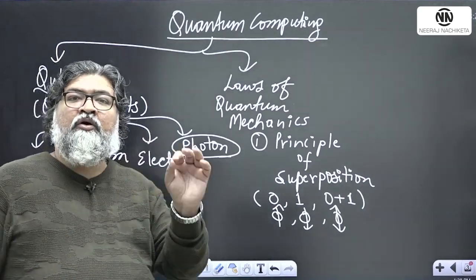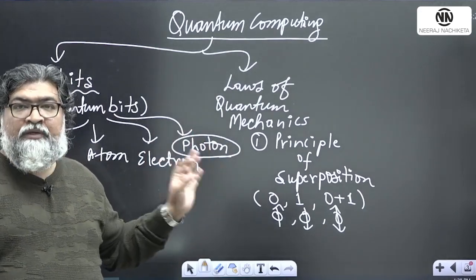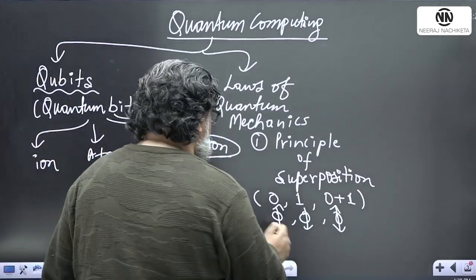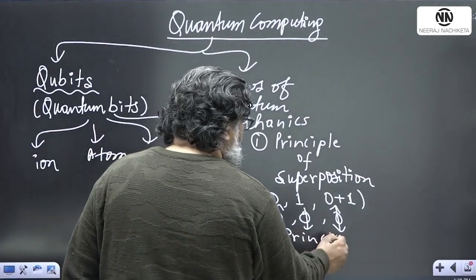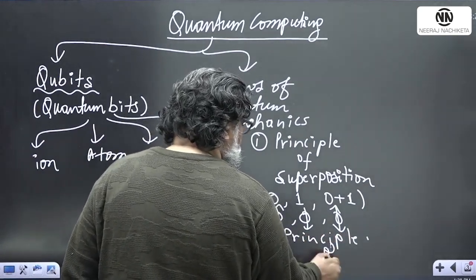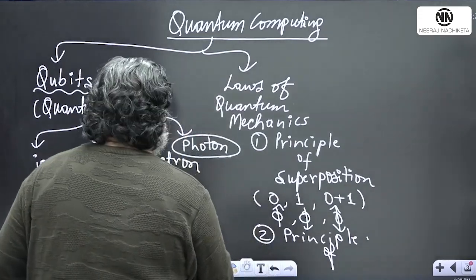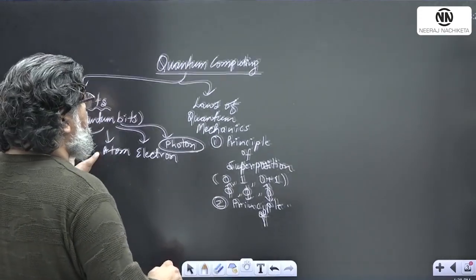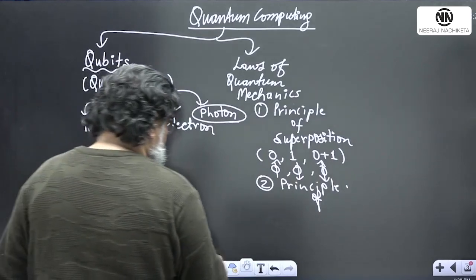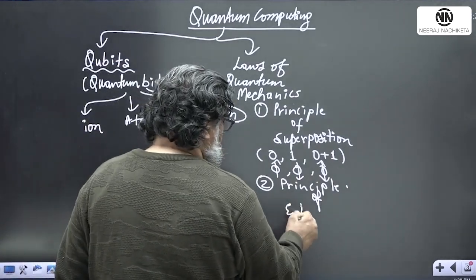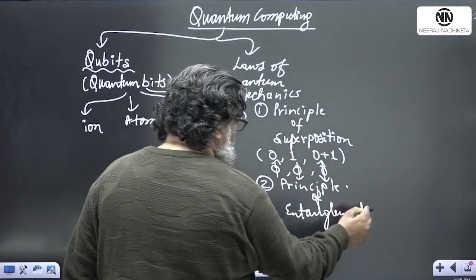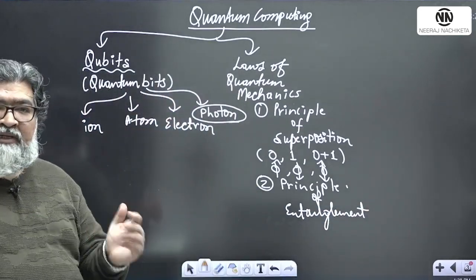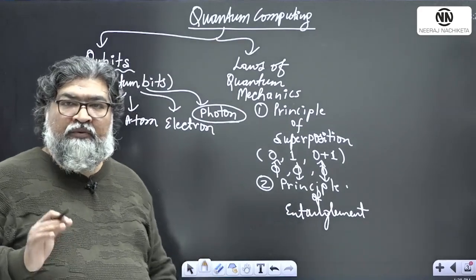Another very important law followed by qubits is called entanglement. This is the principle of entanglement. Now what is entanglement?